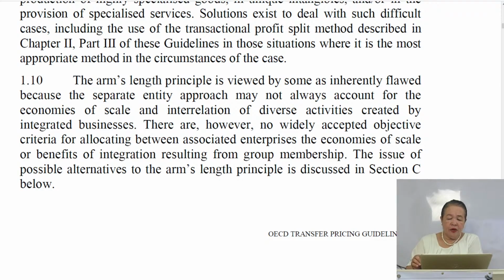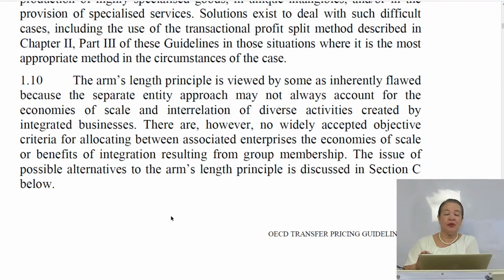So there are, however, no widely accepted objective criteria for allocating between associated enterprises the economies. Pinag-aralan na kasi yan eh. And it is only the arm's length principle that is widely accepted. No? Meron tayong tinatawag na global formulary apportionment, yung may certain criteria na group of companies to allocate their income.